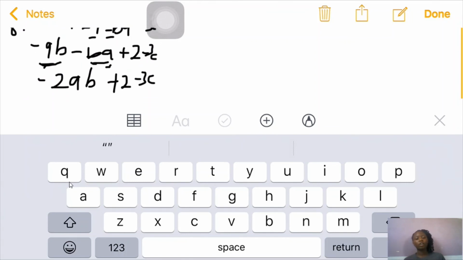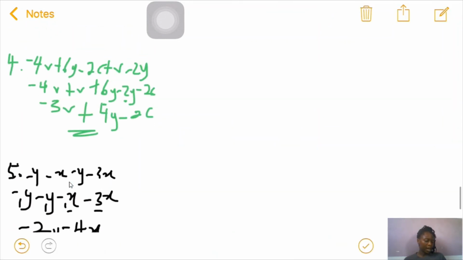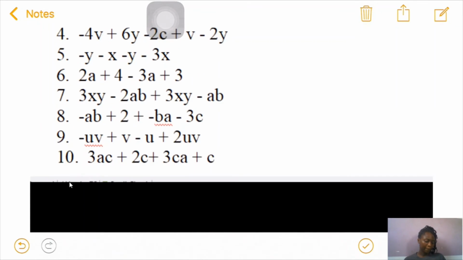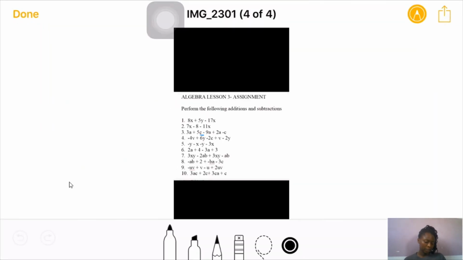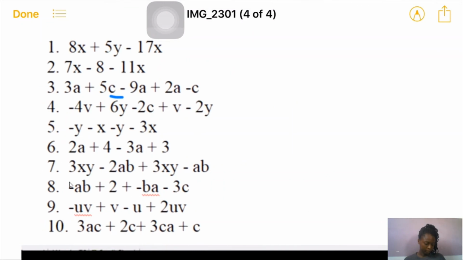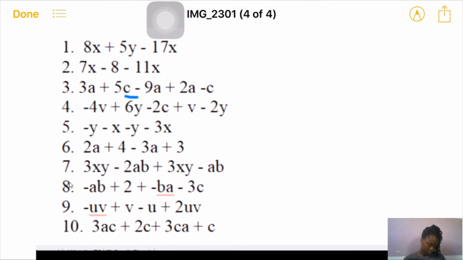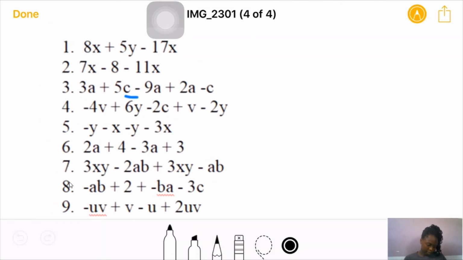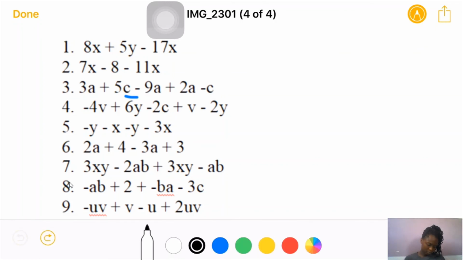Okay, so I've done the 8. Now let's go to number 9. So number 9 says minus UV plus V minus U plus 2UV.